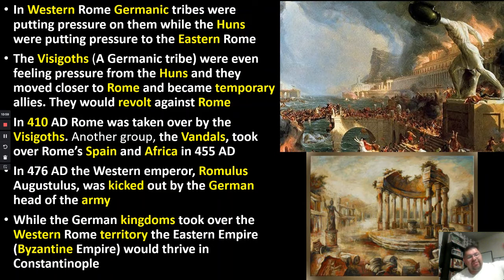The western part of Rome was attacked by German tribes, but they felt real pressure from the Huns. The Huns were putting pressure not only on the eastern part of Rome, but also the German tribes. The Visigoths, these guys were feeling the pressure from the Huns because the Huns were no joke.